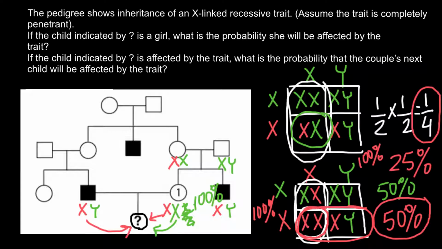If in the first question we were not sure if this female is a carrier or not, so we put 50% chances for her to be a carrier, 50% chances for her to give defective X chromosome, and this gave us 25% chances for female progeny to be affected with this genetic disorder.